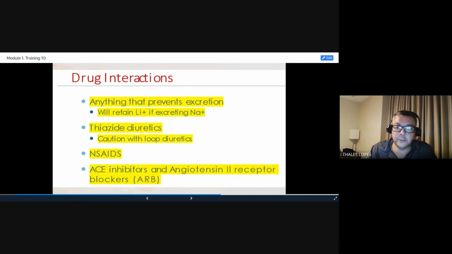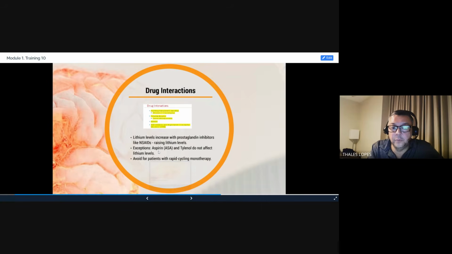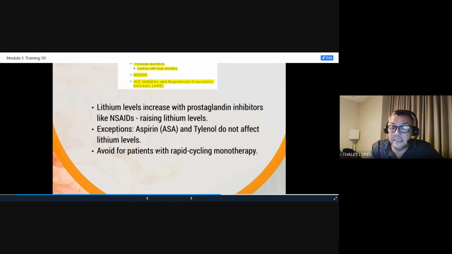So if you're excreting sodium, less sodium available, more lithium available, it could cause lithium toxicity. Remember, ACE inhibitors also treat heart failure. Remember that NSAIDs could double the lithium level. So what do you do for pain? How about some Tylenol, aspirin?